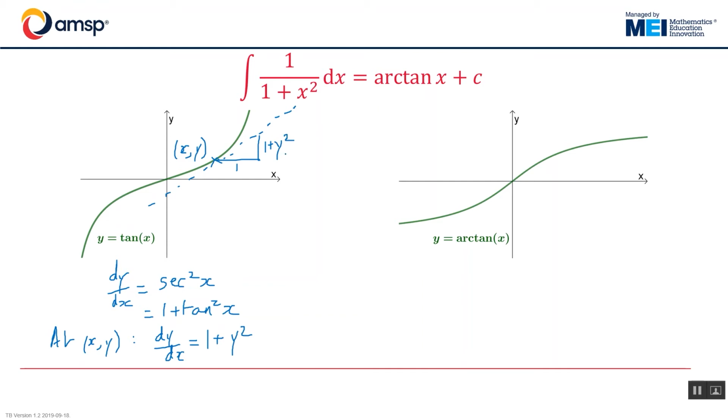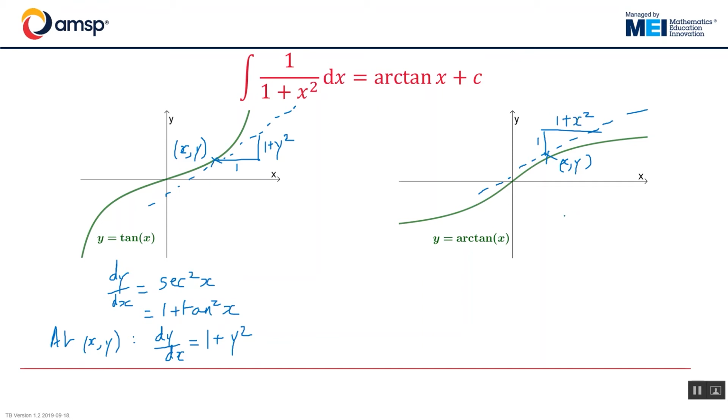Now this is useful because we can then flip the whole thing by reflecting it in the line y equals x and think about the inverse tan, or the arctan function, and this whole gradient triangle is going to flip over here at this point there. So this now is our new point x and y, but all the other x and y's on our diagram have been interchanged. Therefore this height here is 1 and this distance here is 1 plus x squared.